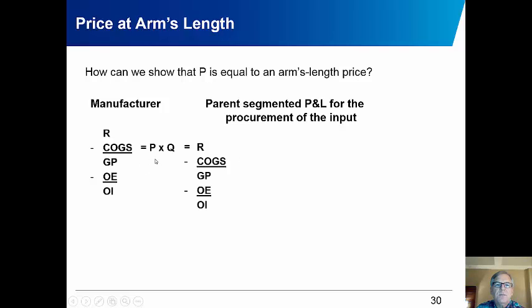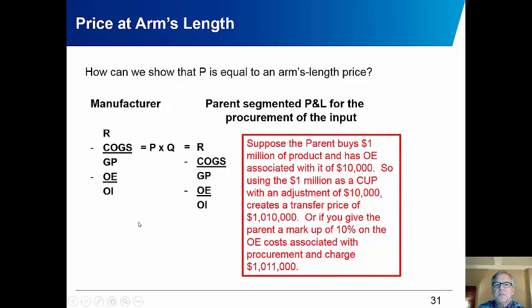The price of the transferred product is showing up in the manufacturer's COGS, and here we've outlined what a parent's segmented P&L for that product would look like. That's not the parent's total P&L because remember, it's a complex entity and it's doing all sorts of other things. So suppose the parent bought $1 million worth of product and has operating expenses associated with that procurement of about $10,000.